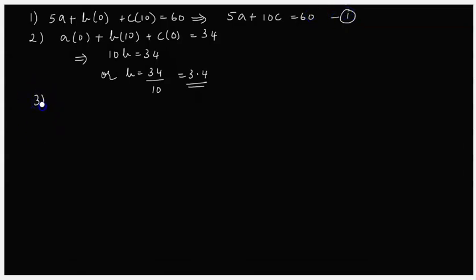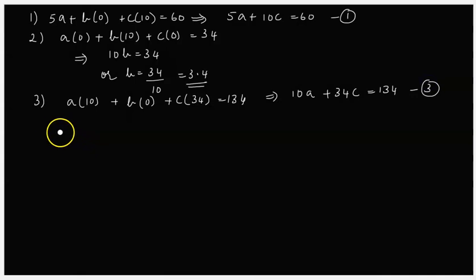Then substituting the totals in the third normal equation, we get a into 10 plus b into 0 plus c into 34 is equal to 134. So which implies 10a plus 34c is equal to 134. I'll call this as equation 3.